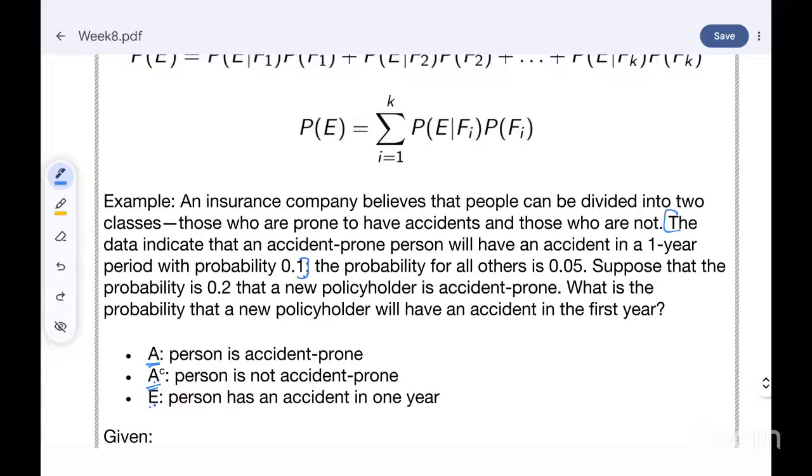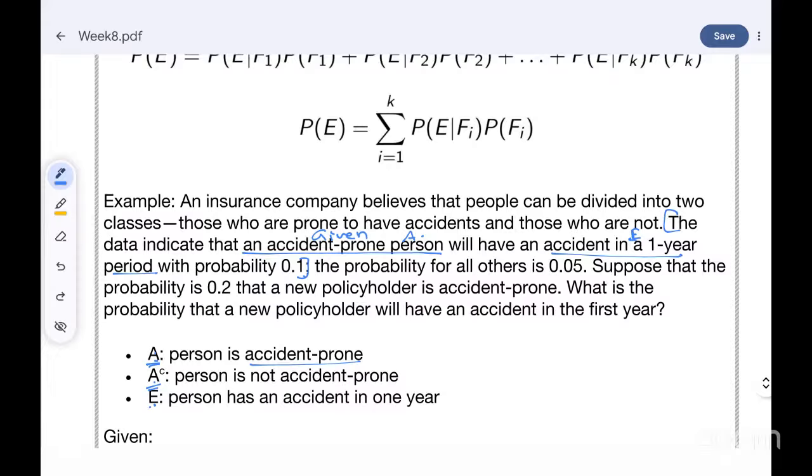See what is given here? Accident prone person is given, that is A. The probability that the accident happens within 1 year, so this is E. So what is this 0.1 representing?